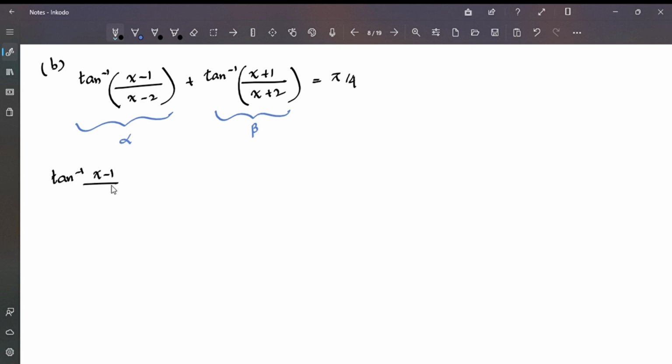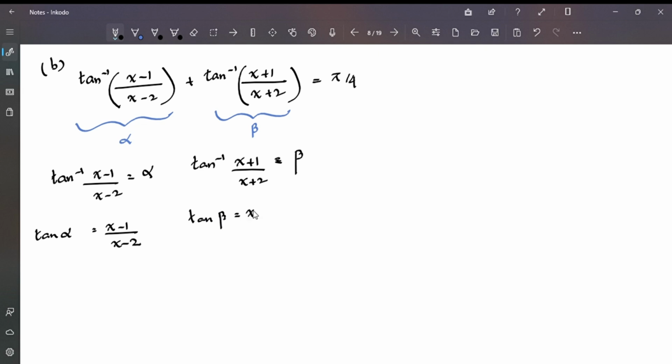Let's name this as beta. Now tan inverse x minus 1 over x minus 2 is alpha. Tan alpha is x minus 1 over x minus 2. Tan inverse x plus 1 over x plus 2 is beta. Tan beta is x plus 1 over x plus 2.